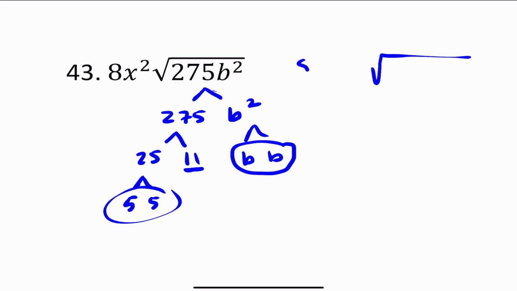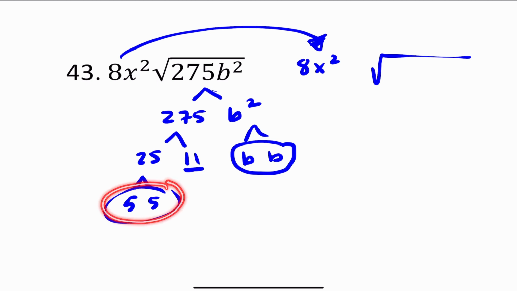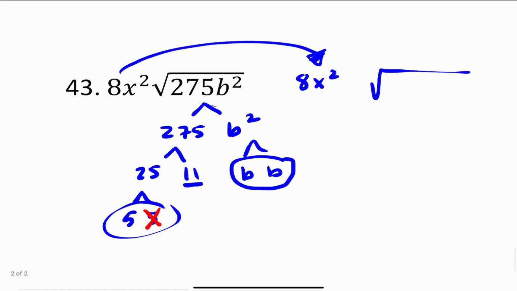So I have 8x squared, which came from the original problem, okay? And so with this, I have a pair of 5s. One of them is going to come out, and the other one's going to get eliminated. So then I'm going to multiply that by 5 here, okay? And then here I have a pair of b's.